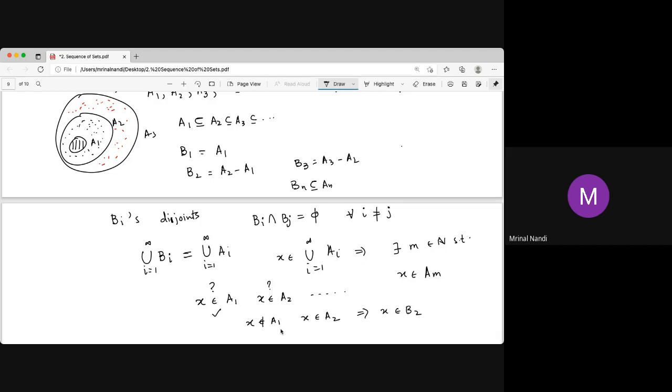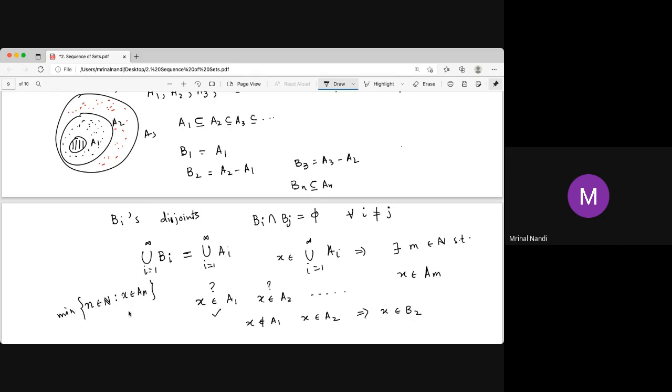So you have to find the minimum index for which x belongs to An. You find the minimum of the set of all n such that x belongs to An.